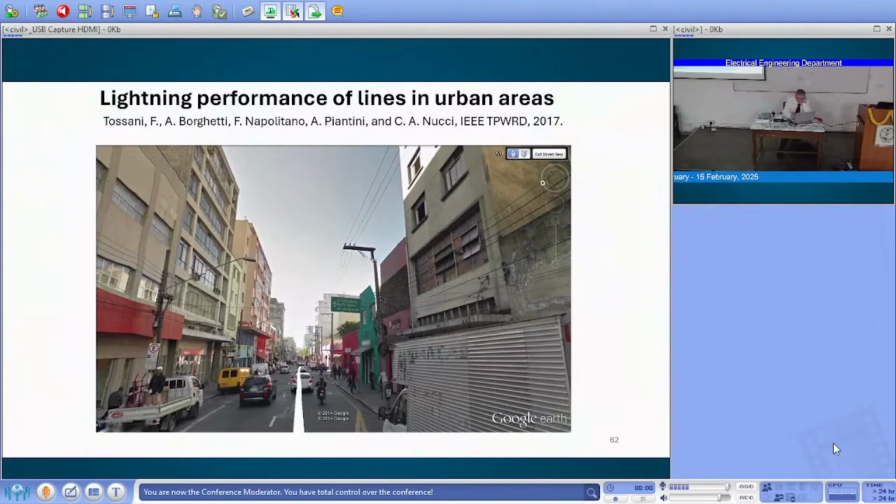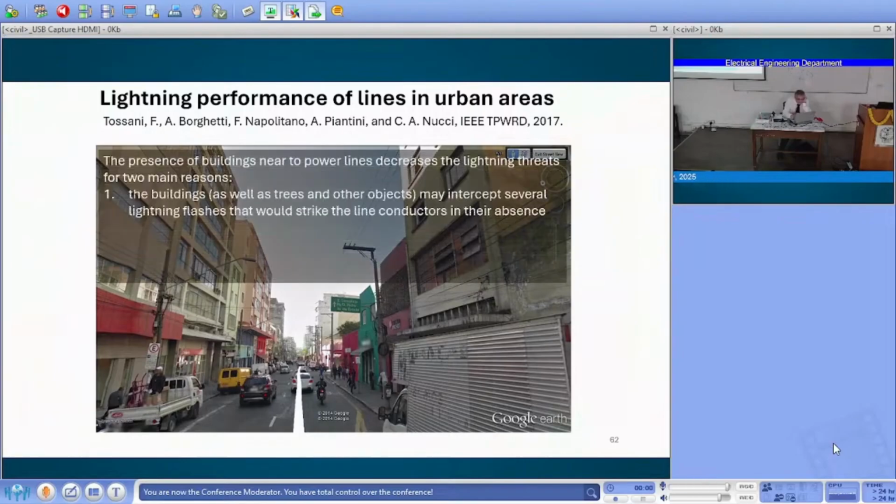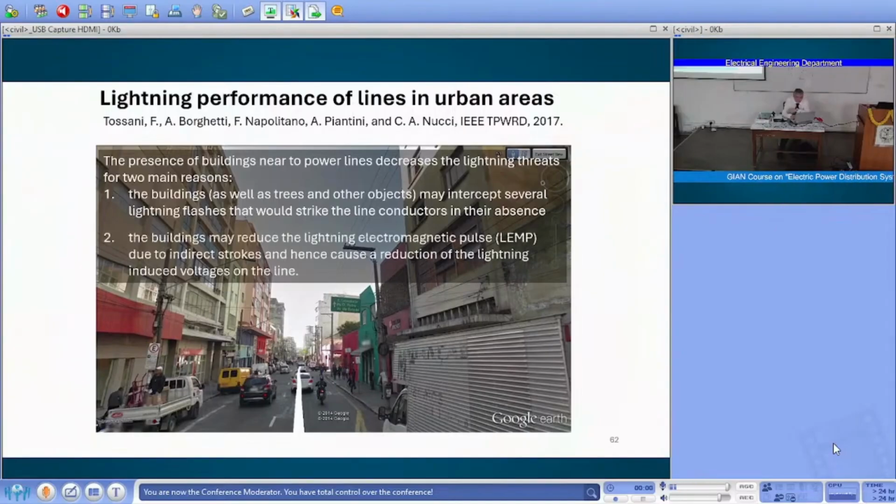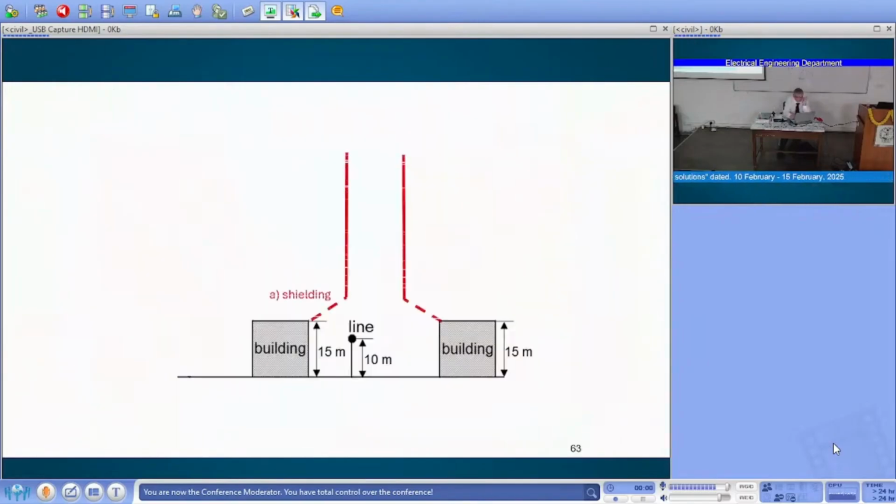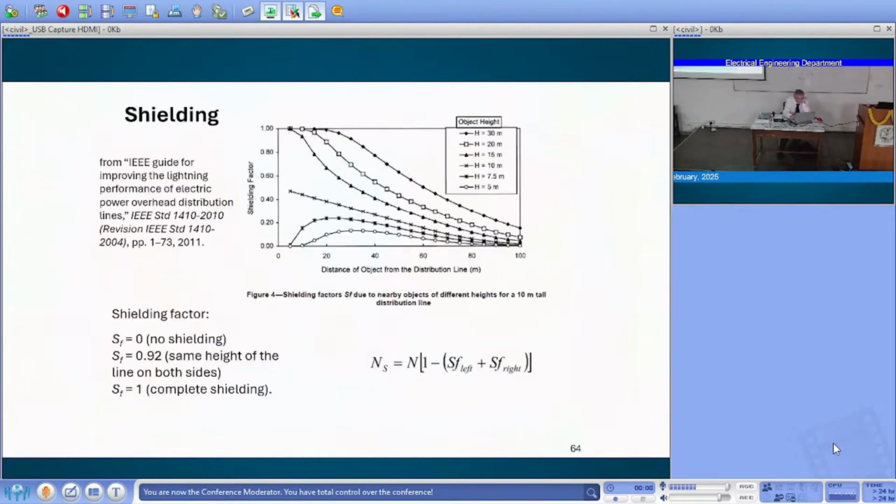There are two effects. One, the buildings or the trees may intercept several lightning flashes, but also the building with the structure inside, the iron and so on, can reduce the effect of the lightning electromagnetic pulse. So these two effects are represented here with the shielding and the lump attenuation.